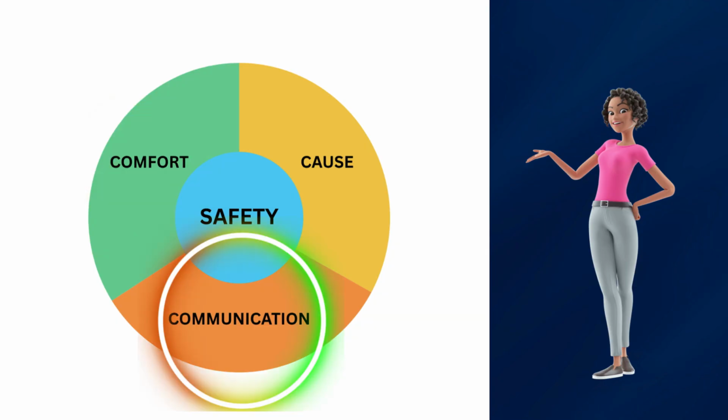Next, we have communication. This is often an overlooked strategy, but we want to use short, simple sentences. Go through one thing at a time. Reassure the patient. Say things like, you're in the hospital and you had surgery. You're safe now. I'm here with you.